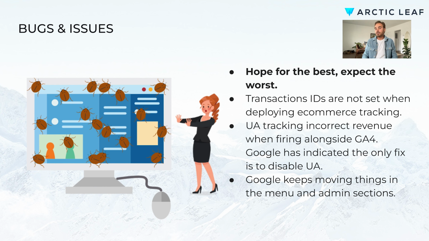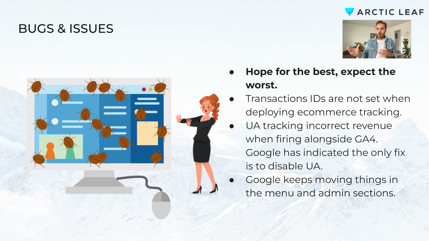We recommend that as well, because it was meant to give our merchants enough time to acclimate to GA4, get used to the interface and tinker around with it while they're still using UA to measure their performance. But then we started getting a lot of feedback from some of our merchants that, hey, our revenue in UA is completely wrong all of a sudden, and we can't figure out why.